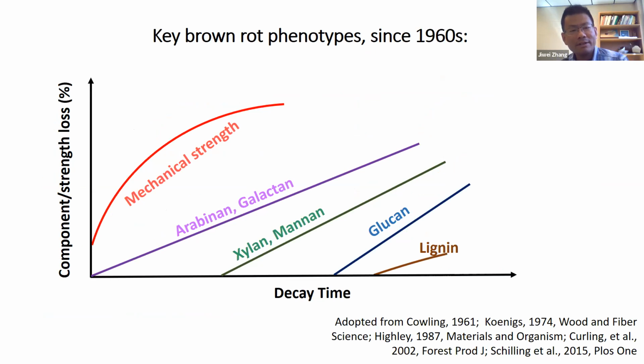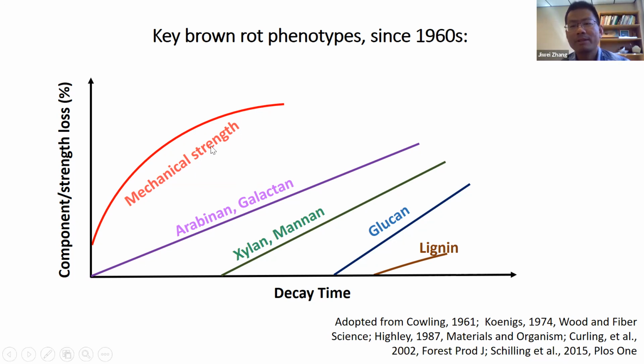But these are the brown rot mechanisms that have been understood since the 1960s. And people trying to track the brown rot process, we got some understandings about the brown rot phenotypes. So during the decay, as brown rot fungi attack the wood, they will first cause mechanical strength loss of the wood.